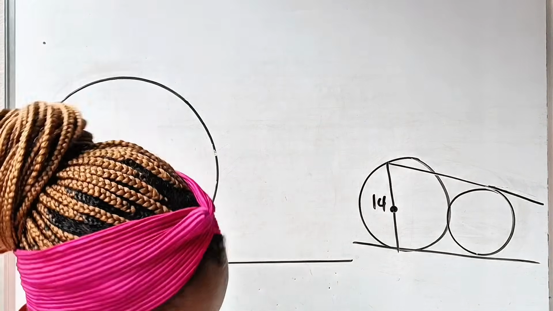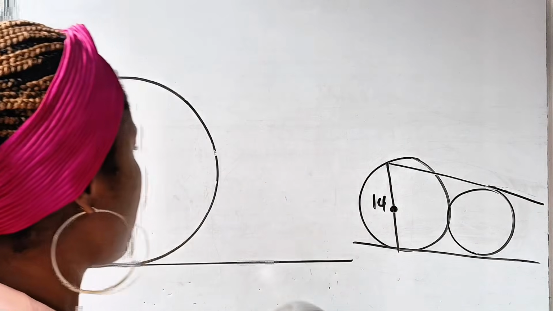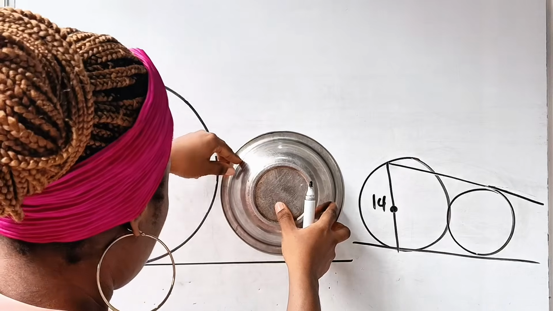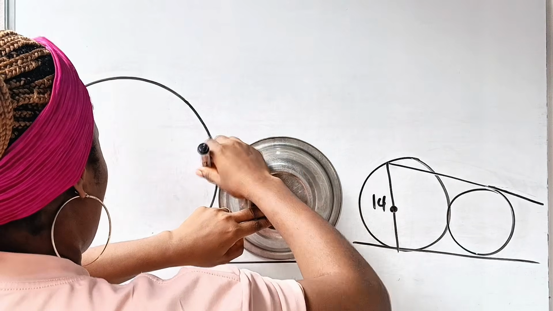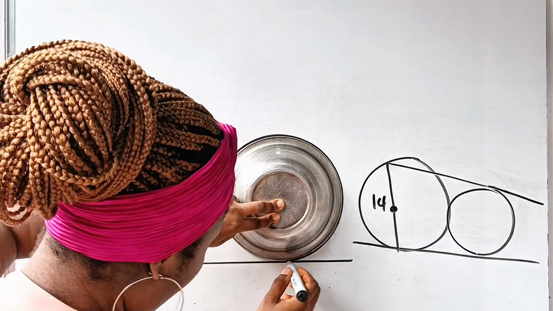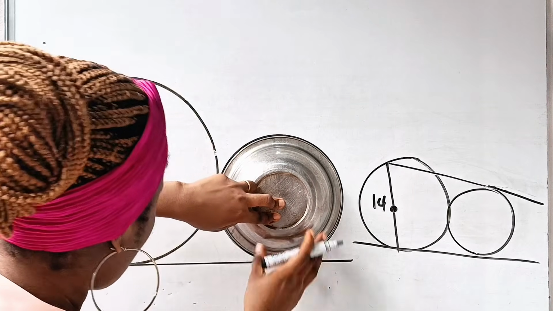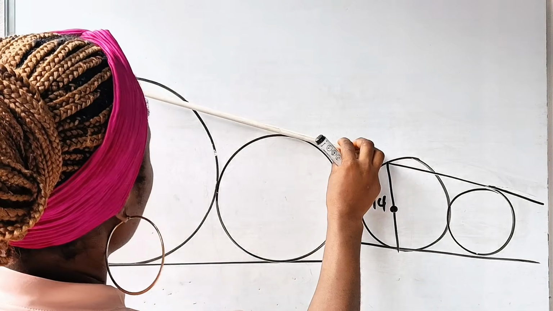Then I'll draw the smaller circle. Okay. Now, here comes the main thing.